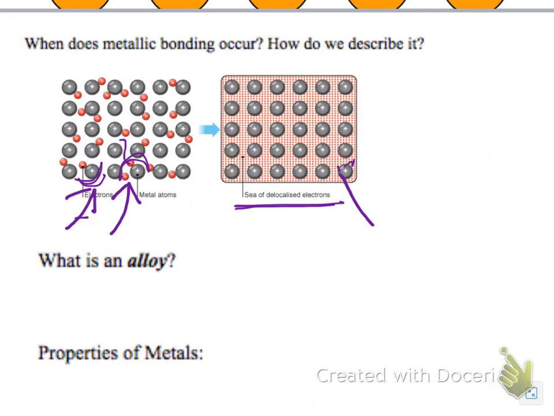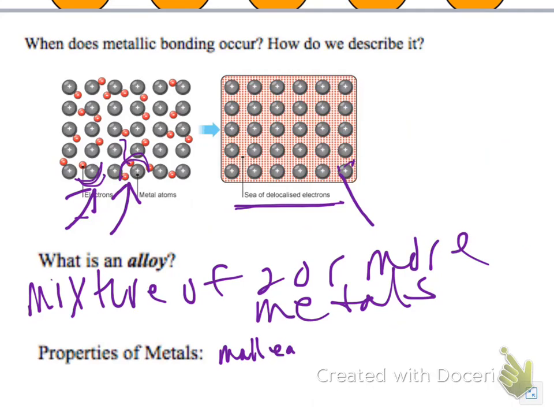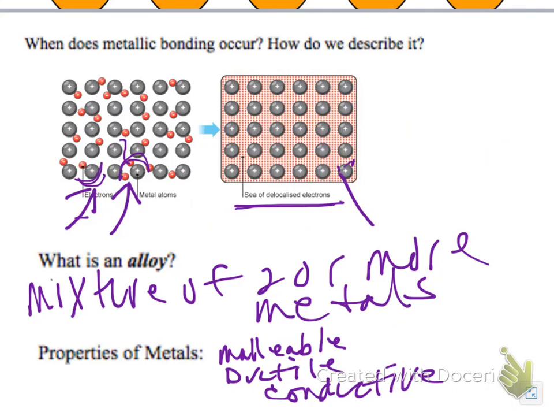Okay, so what's an alloy? An alloy is a mixture of two or more metals. And as you can imagine, if they are going to be mixed, you have to heat them up to really, really high temperatures. For instance, brass is an alloy of more than one metal, and steel is a big industry that involves making alloys.